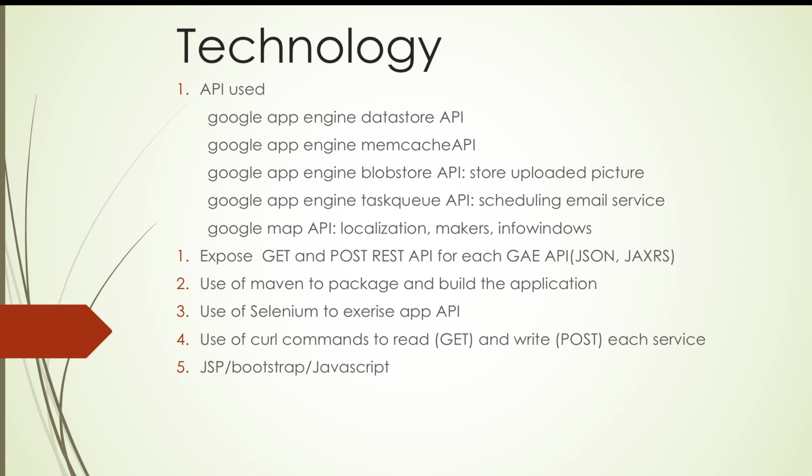For the technology, I use Google App Engine APIs like Datastore, Memcache, Blobstore, and TaskQueue. For Datastore, I store the user's basic information, and I also store it in Memcache.